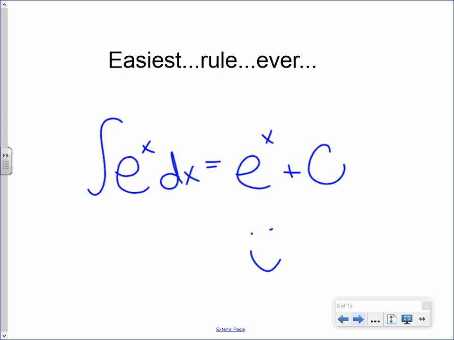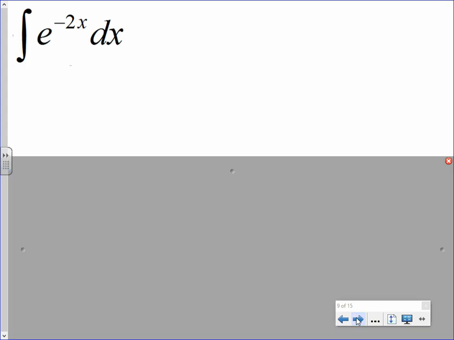Okay. Easy one to remember, right? Only thing you're going to have to be careful of is when you have numbers. Okay. Like this, the antiderivative of e to the negative 2x.